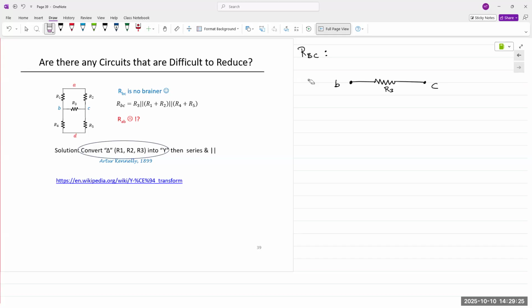Now, here's the important concept that we have to apply. You have 2 nodes in any circuit. Well, anything that is connected between 2 nodes is said to be in parallel. So what else do we have connected between B and C? If we look at the circuit right here, we know R3 is connected, yes. But let's look at the other pathway.